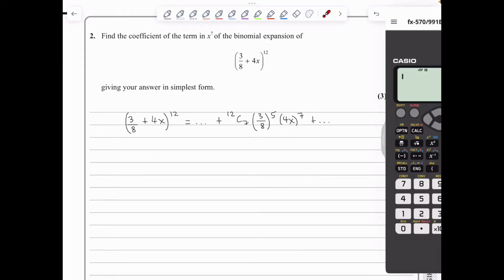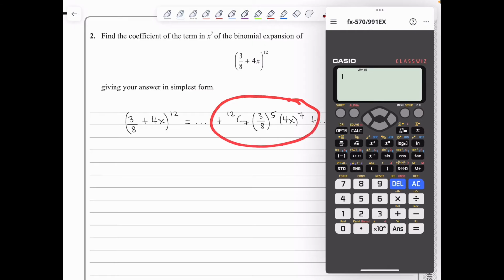Now I'm going to get my calculator and evaluate this expression here. So we're looking at 12 choose 7 times 3 over 8 raised to the power of 5 times 4 to the power of 7. I get an answer of 96,228.